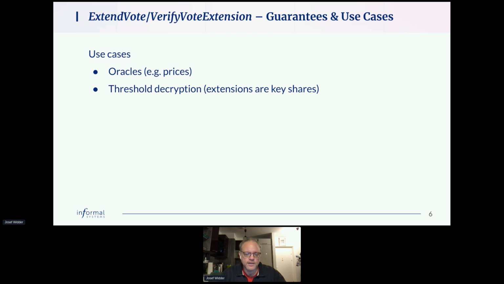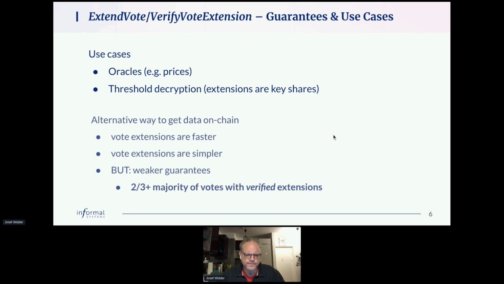For vote extensions, as I said before, the use cases are oracles, so you can get information onto the chain quicker. For example, you can use it for price oracles and other oracles, or you can use it for threshold decryption, where the extensions that you piggyback on the votes are key shares, and they are spread over the network. The point here is that it's an alternative to the more standard way of putting a transaction into the mempool and having it go through consensus.